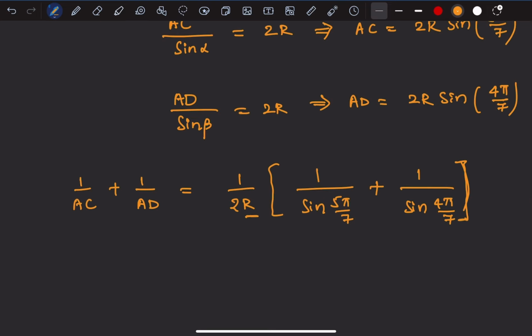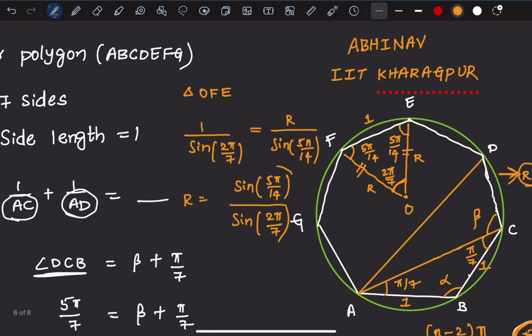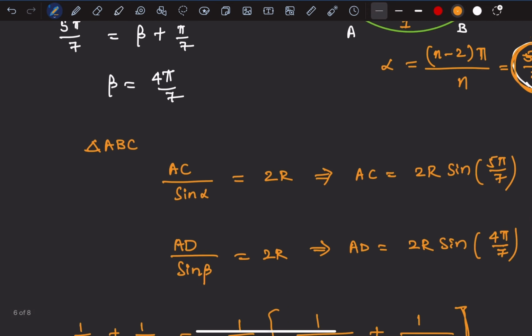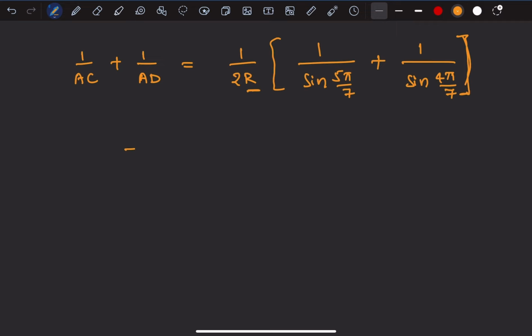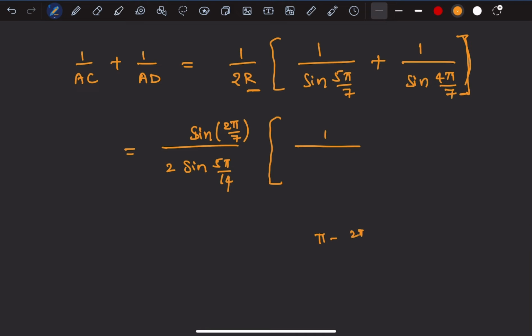You also know what R is. R is sine 5 pi by 14 by sine 2 pi by 7, so 1 by 2R is sine 2 pi by 7 divided by 2 sine 5 pi by 14. Now sine 5 pi by 7 can be written as sine of pi minus 2 pi by 7.